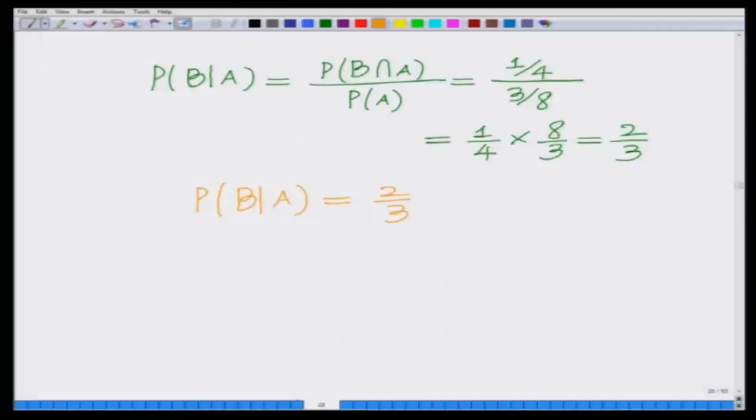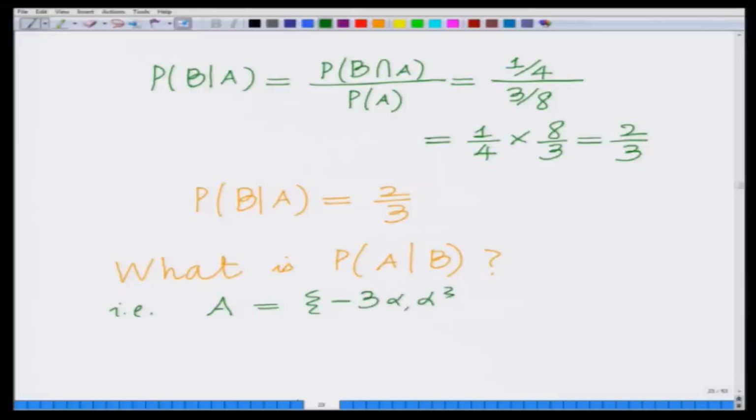Now, let us find the other conditional probability. What is the conditional probability of A given B? So, let us ask the question, what is the probability of A conditioned on B? Remember, A equals minus 3 alpha comma alpha, and B equals the symbol alpha.